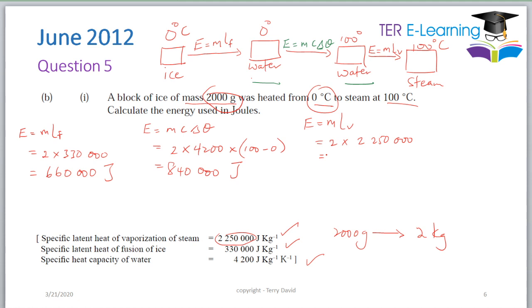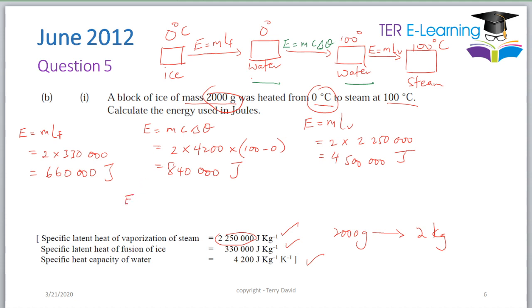So 2 multiplied by 2,250,123, and that'll give me 4 million. So this is 4,500,123 joules, right? So I worked out the energy for the 3 sections, and the question is asking for the energy to do that whole conversion.